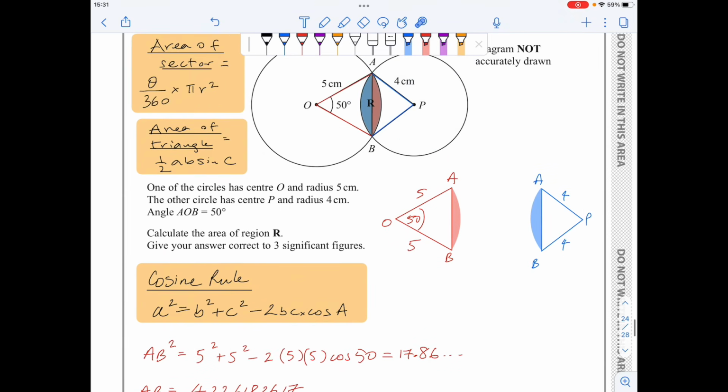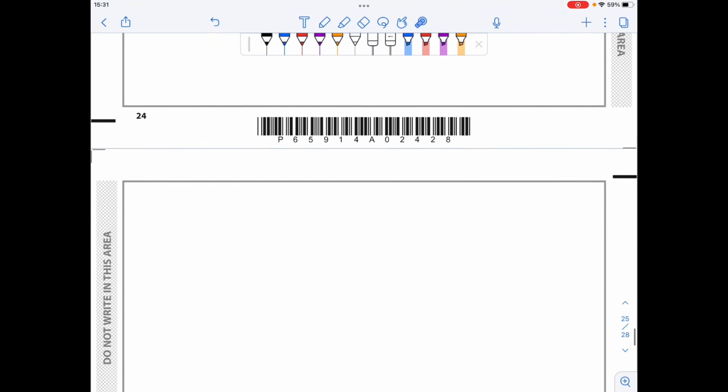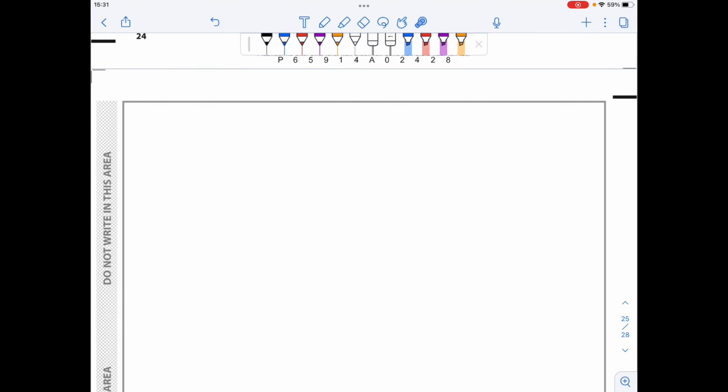So now I can find the two segments, the red and the blue, using the required angle and sides and these two formulae. So let's go to the next page. For the red one, I have the following: shaded area is equal to sector area minus triangle area.